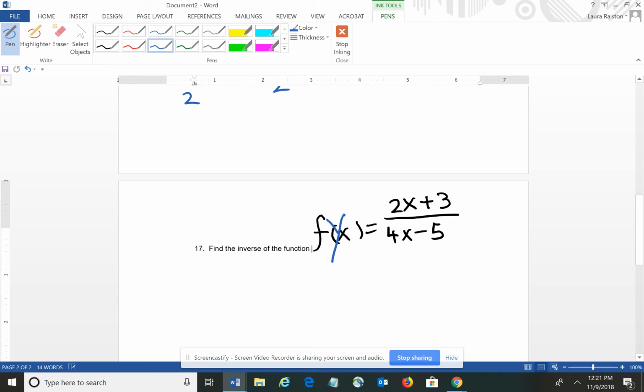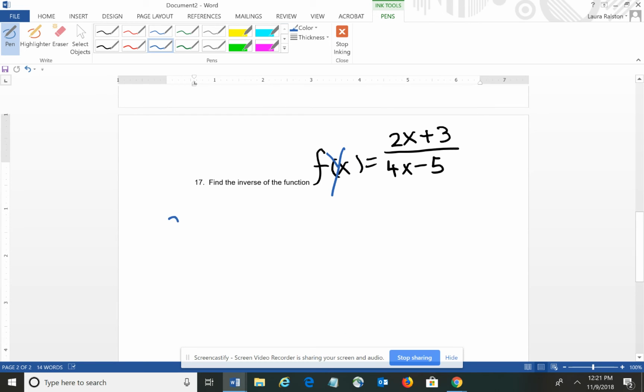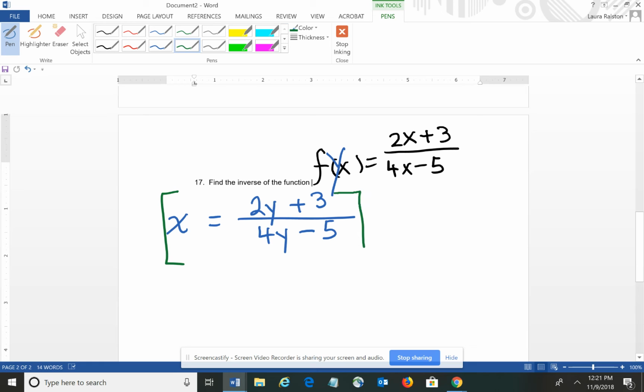Again, remember, f of x is the same thing as y. So we're going to interchange x and y. So we would have x equals 2y plus 3 divided by 4y minus 5. I want to eliminate the fraction, and we eliminate fractions by multiplying by the common denominator. And for this problem, that common denominator would be 4y minus 5.